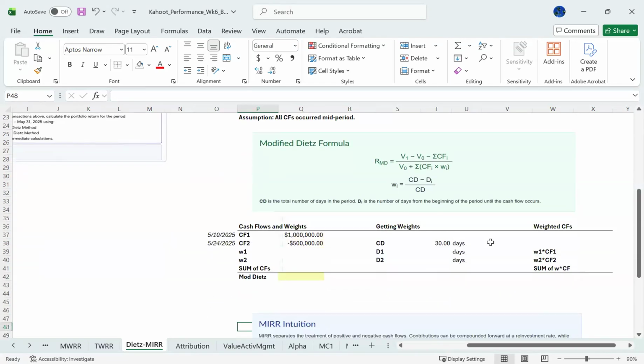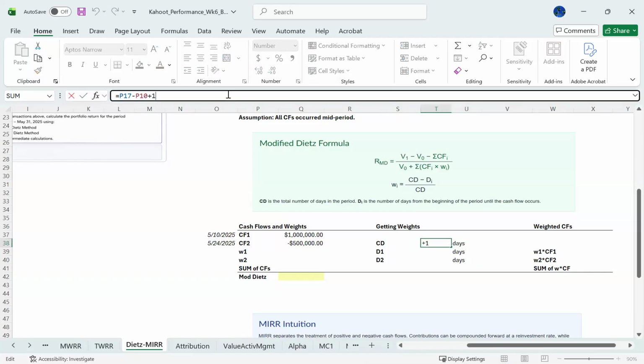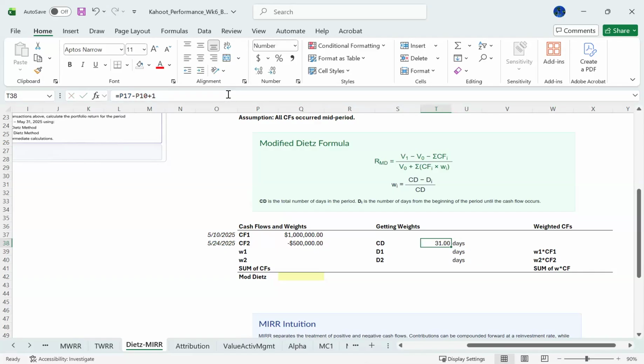So it would be more precise to do this plus one, so we're not missing that day. One way or the other, if you ignore that or not, that's not a big game changer. It's a single day, but it's more precise. Unless you're working with a 30-360 convention, which is many times used in banking, in which each one of your months, you're going to assume it has 30 days. But here I'm using actual number of days.